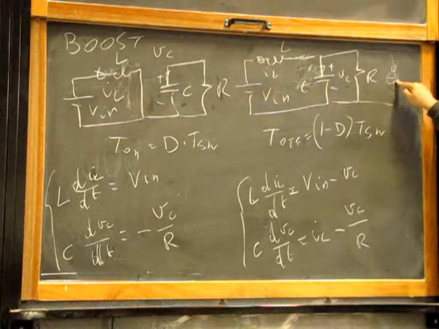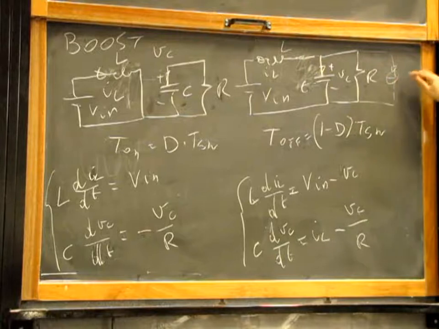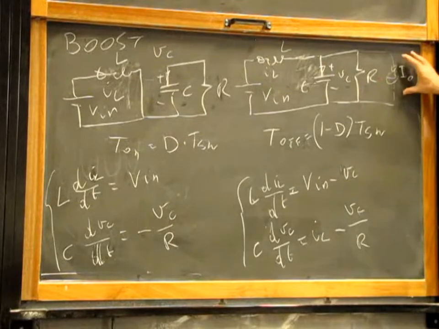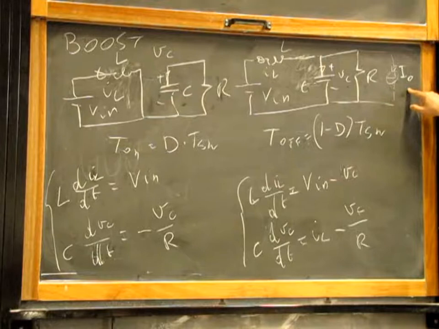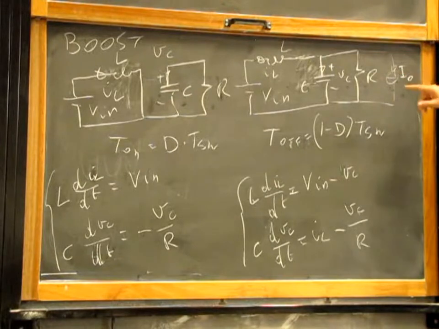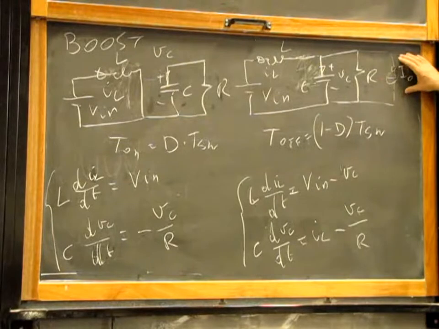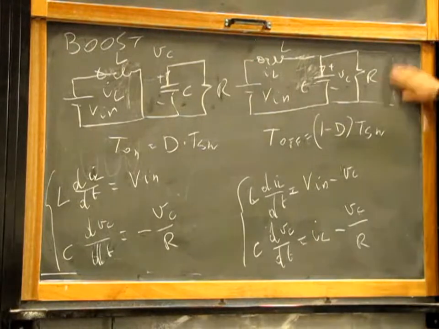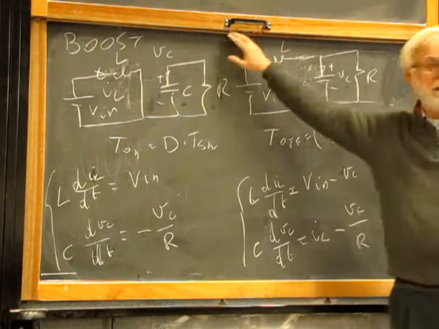I naught becomes an input, whatever this current is. Power-wise, this current is the current going to the load, your converter output. From the control point of view, this output is an input, something that goes into your differential equations as a forcing term. But we won't consider this for today.